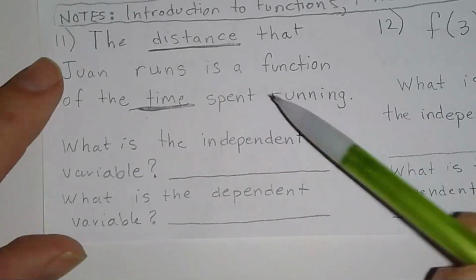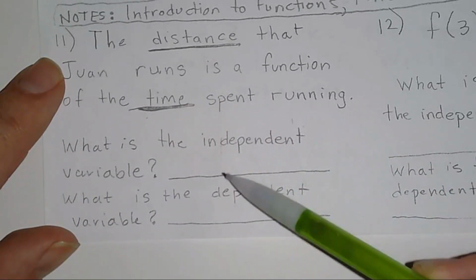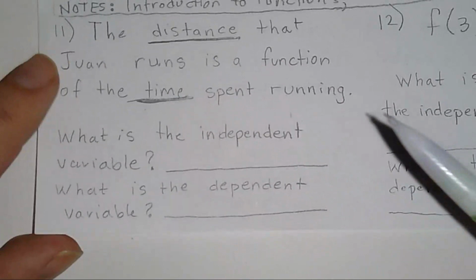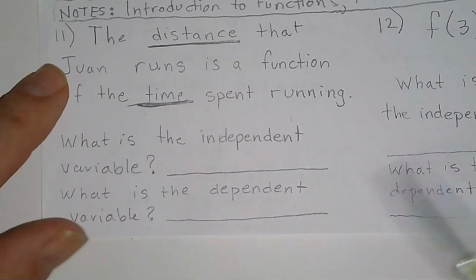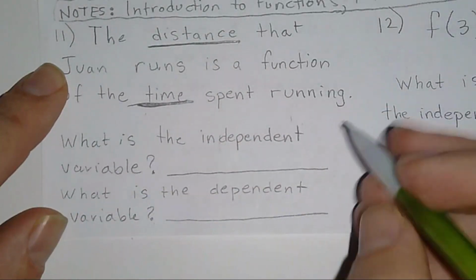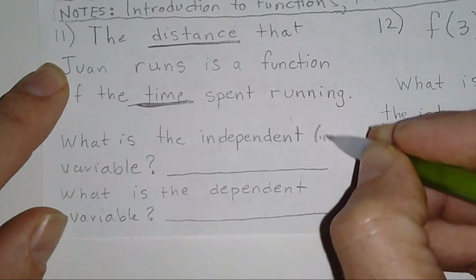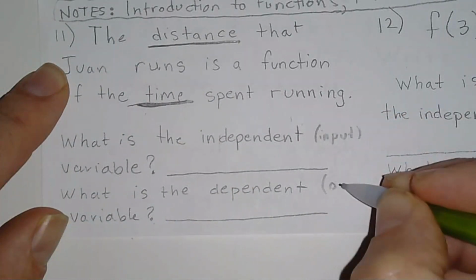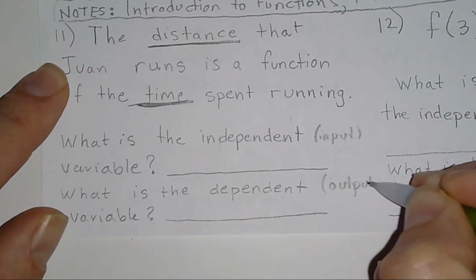And so now it's just a question of which one is the independent variable and which one is the dependent variable. Now, one of the things you could go back and look at in your notes is that another word for the independent variable is the input, and another word for the dependent variable is the output.